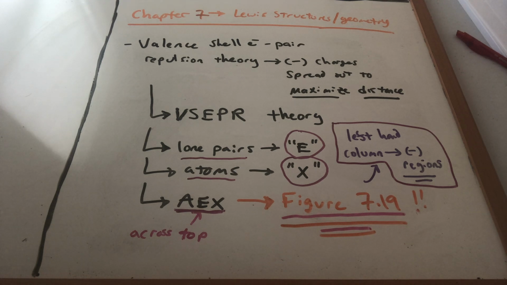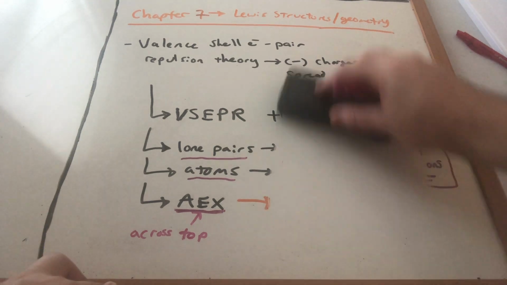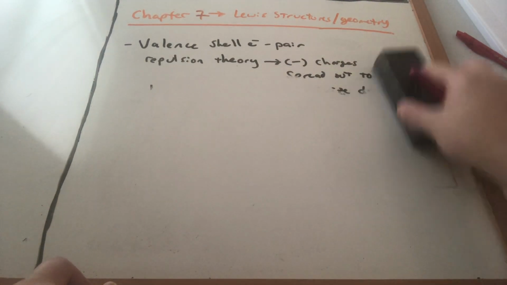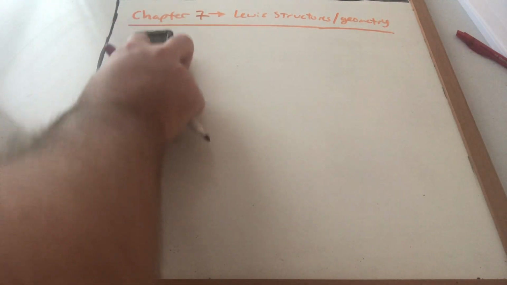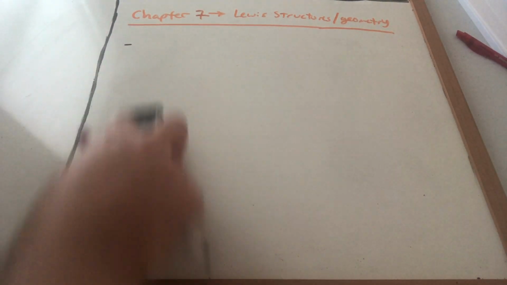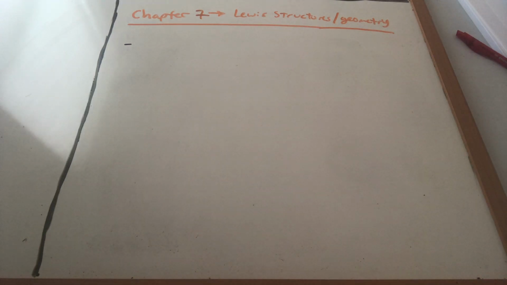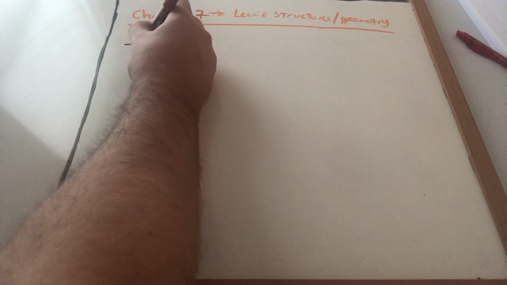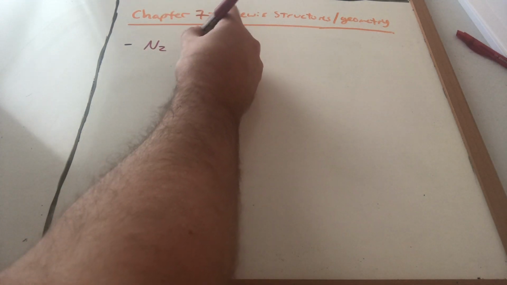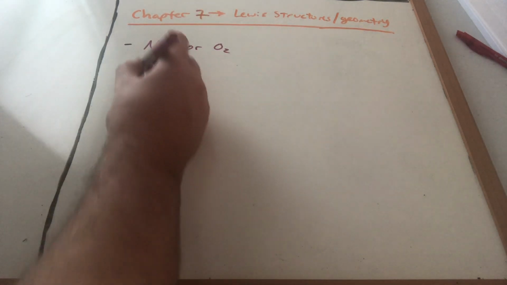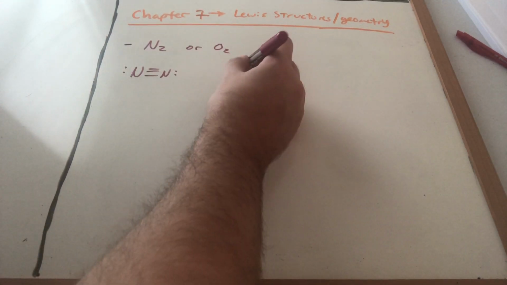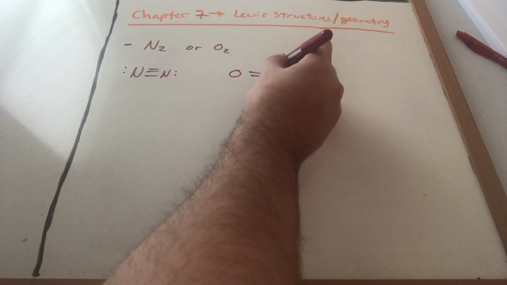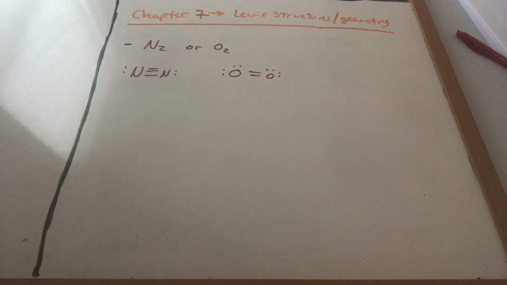Okay, so to see how this works, let's look at some Lewis structures that we've already done together in our last video, and let's try to make sense of their geometry, of their actual structure, okay? If we look at a structure like N2 or O2, we know what these guys look like. This actually isn't on that chart because it's so easy, all right?